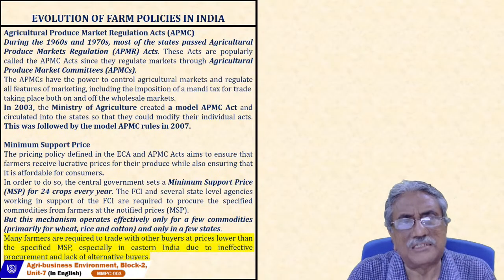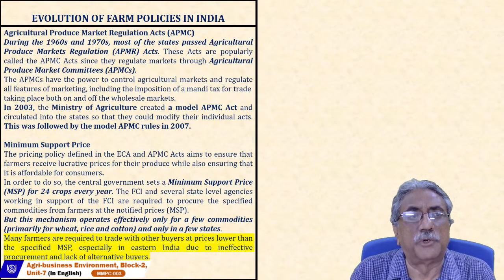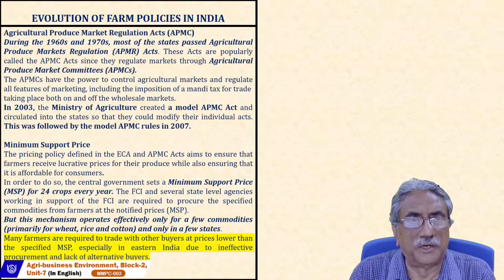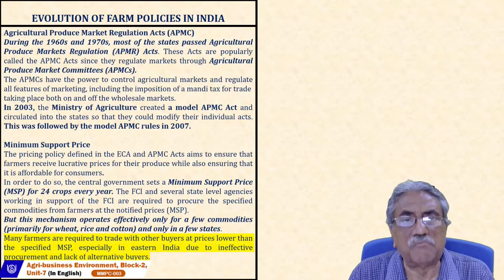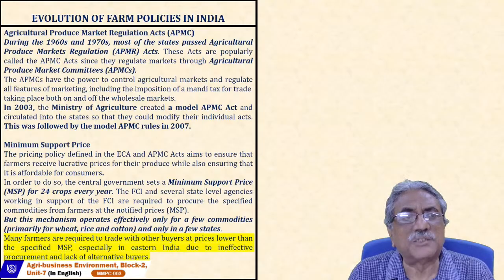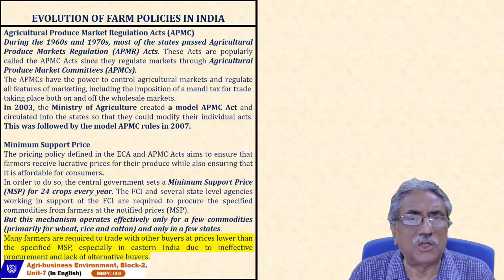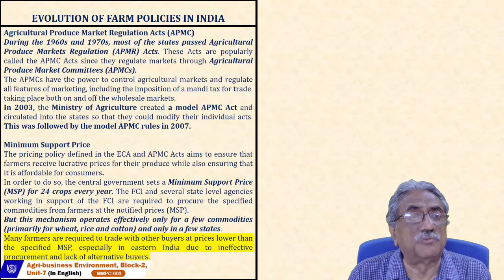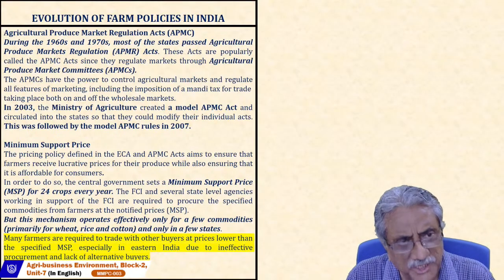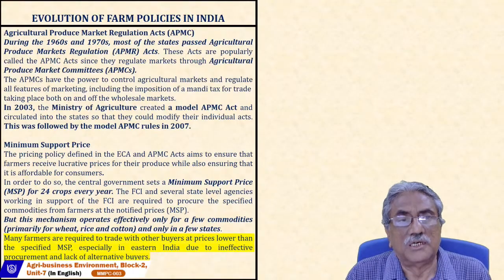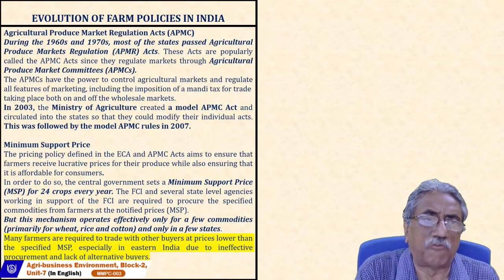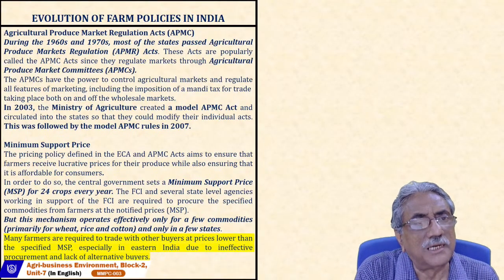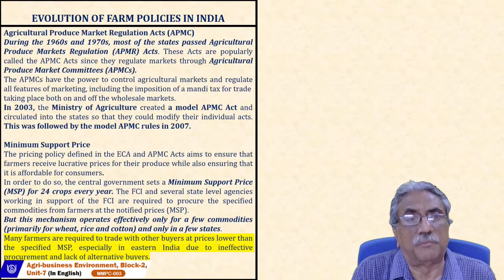So the government realized that it now needed an agricultural produce market regulation act. These acts, popularly called APMC Acts, regulate markets through agricultural produce market committees. There will be a market committee where there will be farmers, the block development officer, and other government officials, and they will decide the price and how much to buy from which farmer.